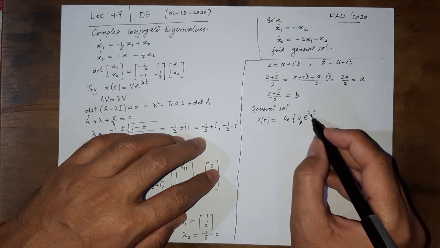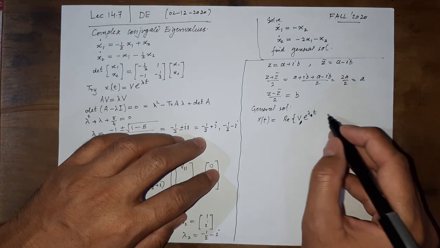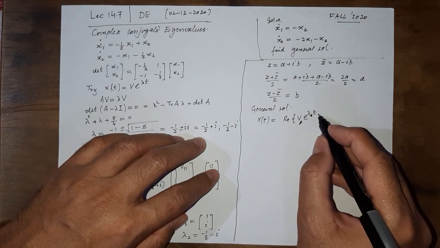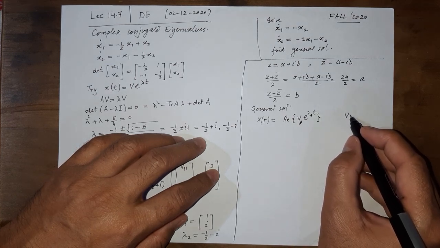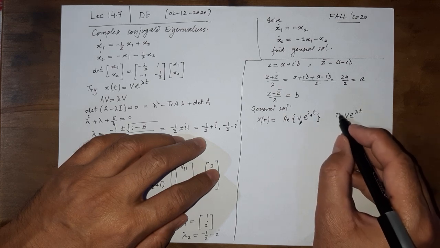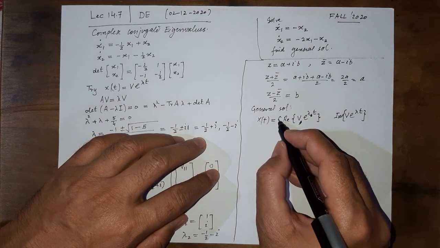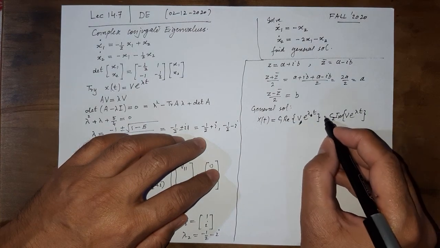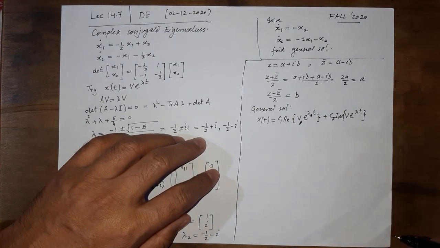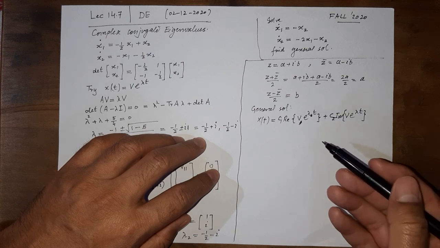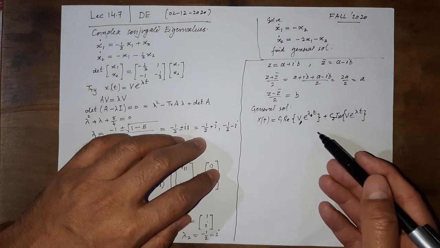Because lambda 1 is lambda and lambda 2 is the conjugate of lambda, and both have the same real part and both have the same imaginary part. So if we take the real part of this thing and the imaginary part of this thing as well, and then multiply some scalars and add them together, then we are going to get a real solution. So this is how in the complex conjugate case of eigenvalues we are going to find the general solution.